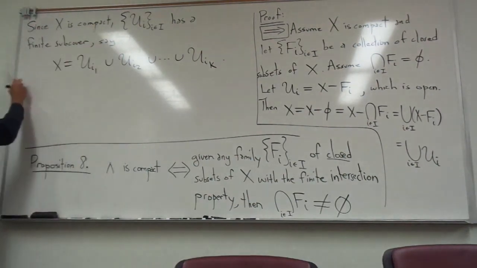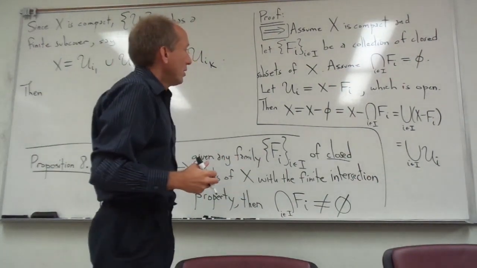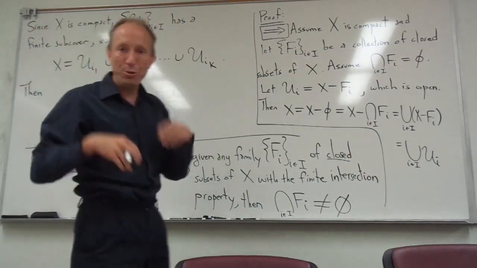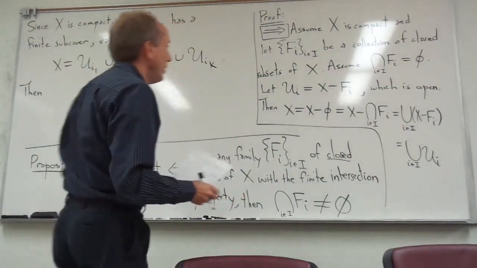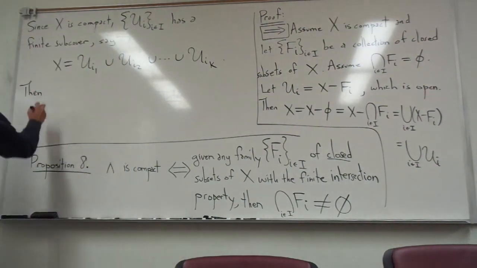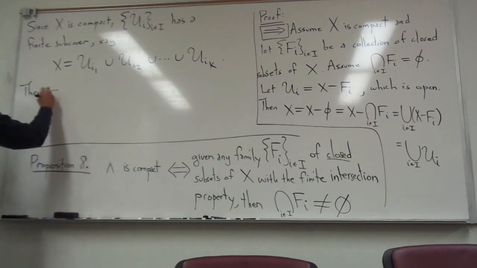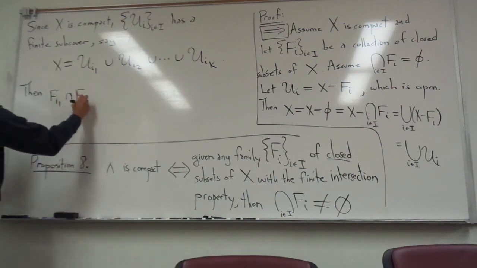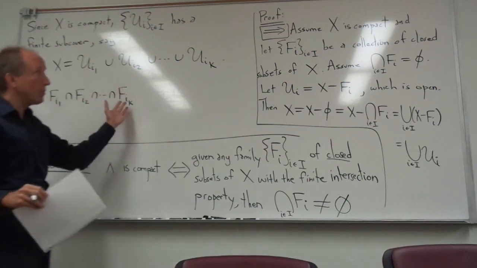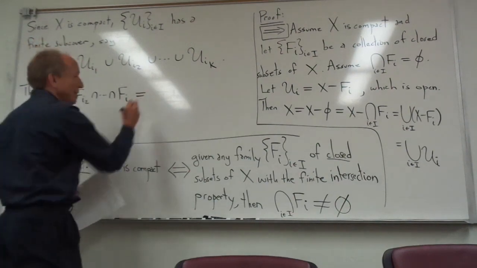Then what I'm going to do is go back to the corresponding closed sets, F_i1, F_i2, and so on, and see if their intersection is empty. So if I look at F sub I1 intersect F sub I2 and so on, this is a finite intersection. Let's take a look at what this actually gives me.